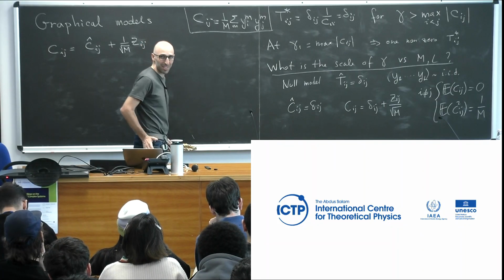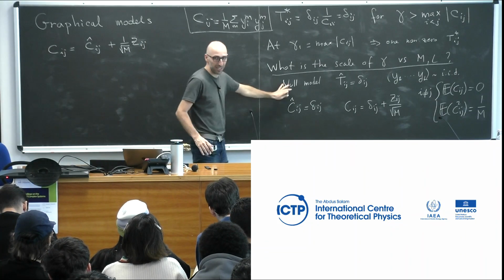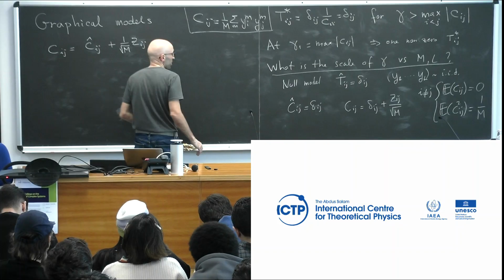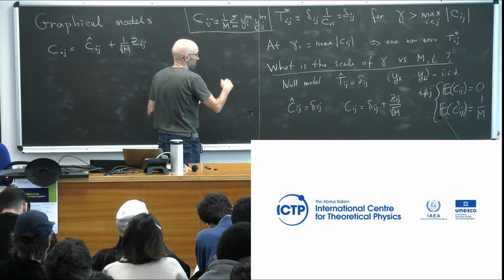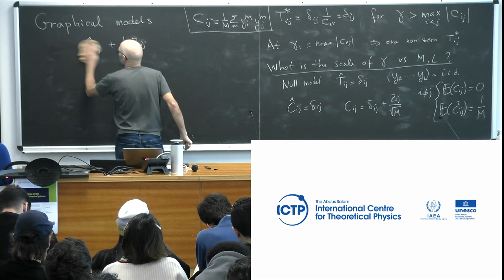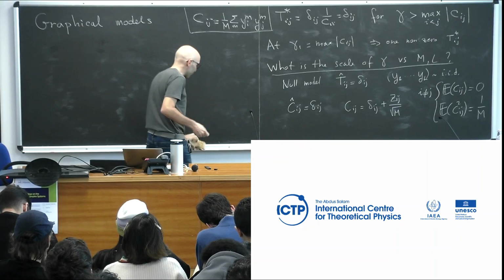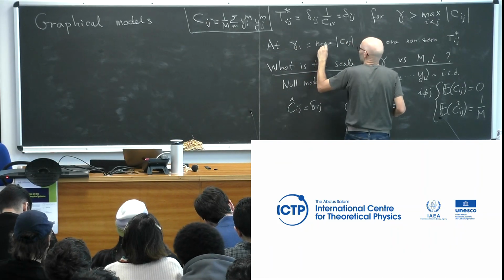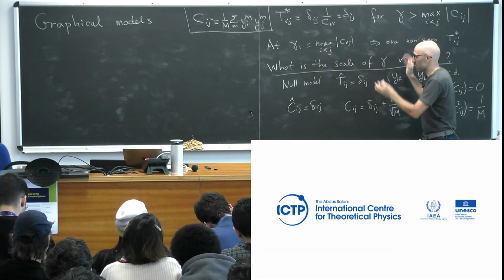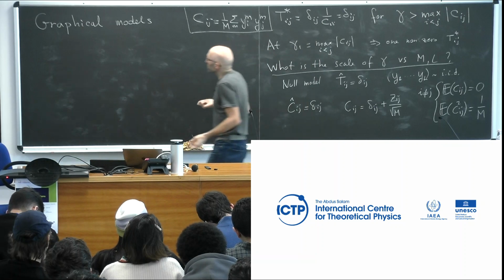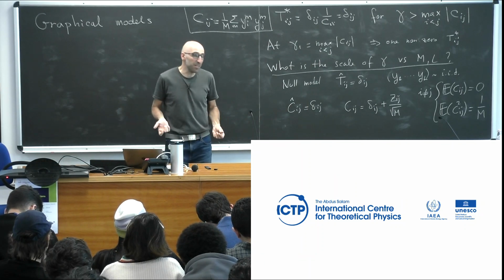This is when I'm starting to overfit in this case, okay? So what I want to do is to compute the maximum of the Cij, of the off-diagonal, of course. Here it's over i smaller than j. The diagonal elements are 1.